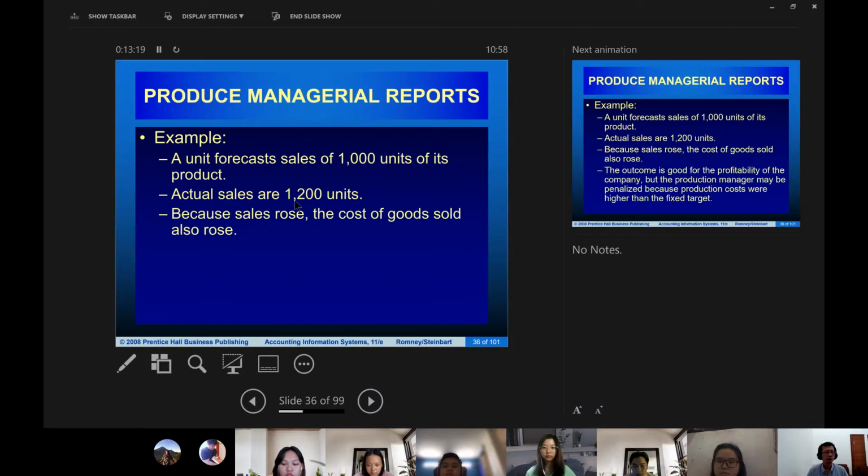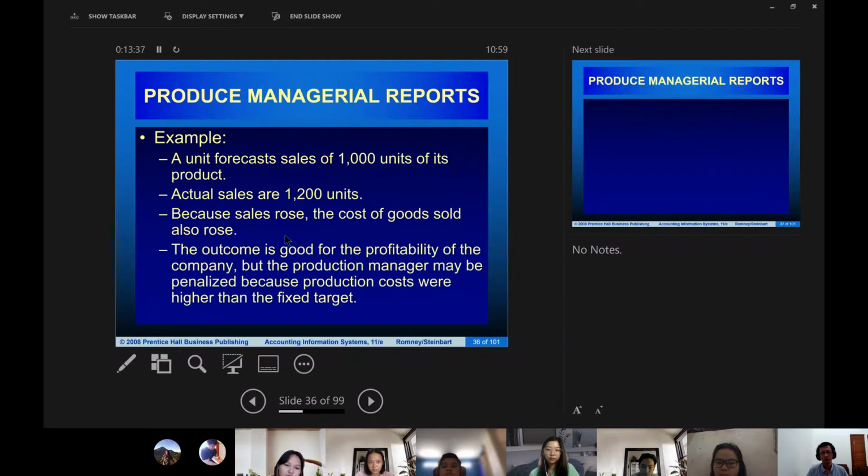However, because the actual product being sold increased 200 units, the cost of goods sold also increased. The cost to produce 1,000 units is obviously smaller than the cost to produce 1,200 units. So, if the budget for production is not flexible, they will be penalized. Why?